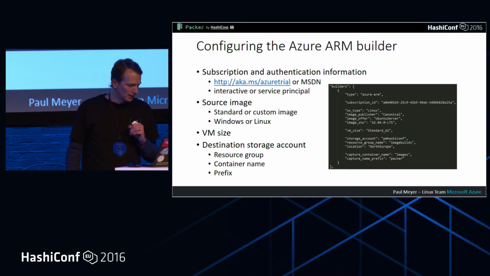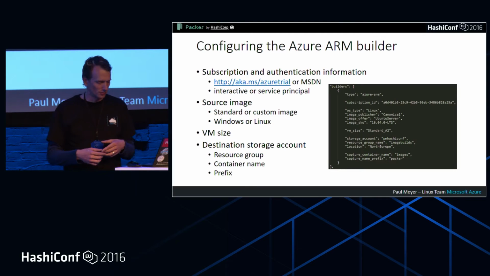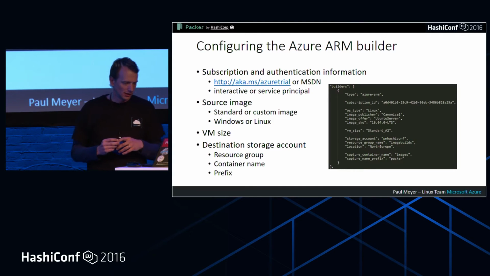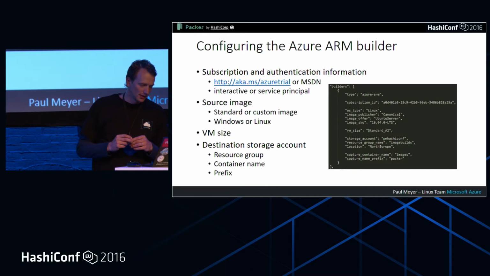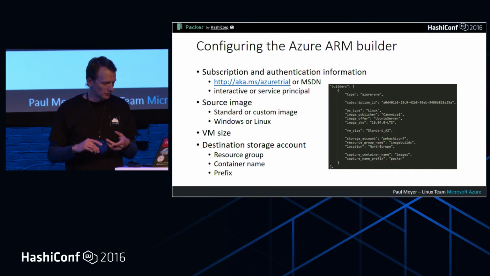So you have to put in a VM size. You can always elect to go for the cheapest one, but if you want to build a little bit faster, you might want to pick a bigger one with more CPU, more memory, more bandwidth on the network, that kind of stuff. And lastly, you need to specify where to put the image once it's done. So there's a storage account, which is in a resource group, because otherwise the APIs cannot find it.